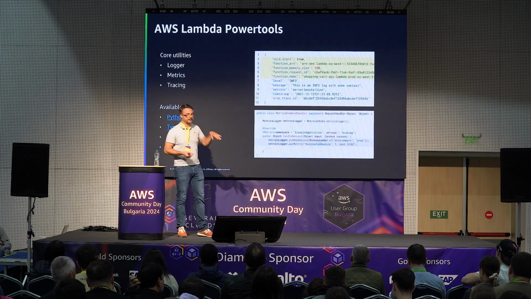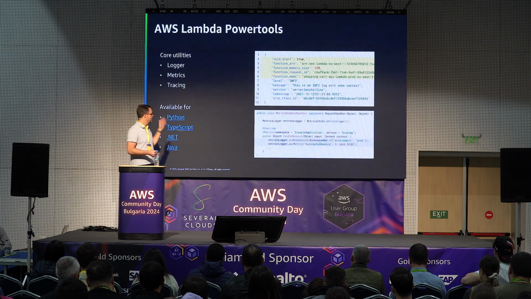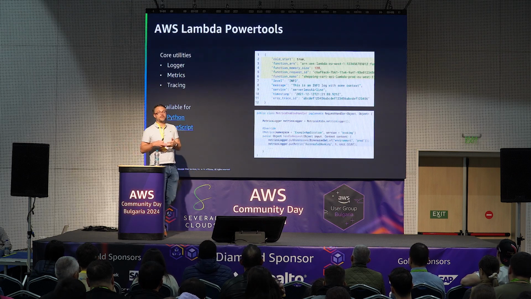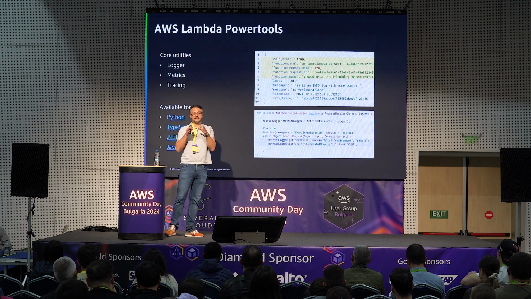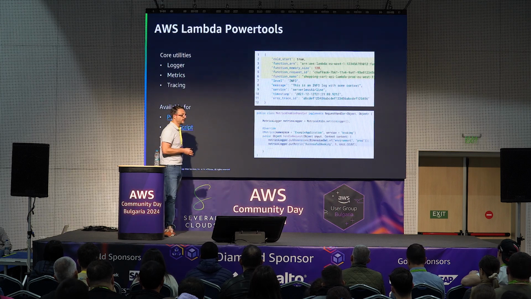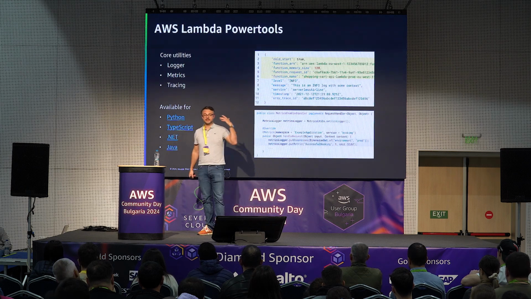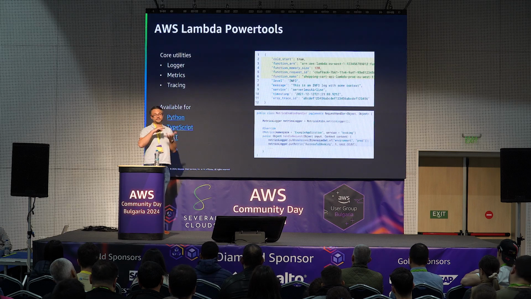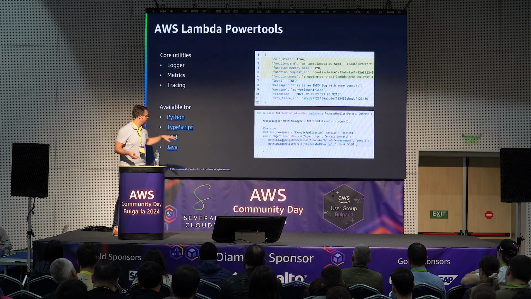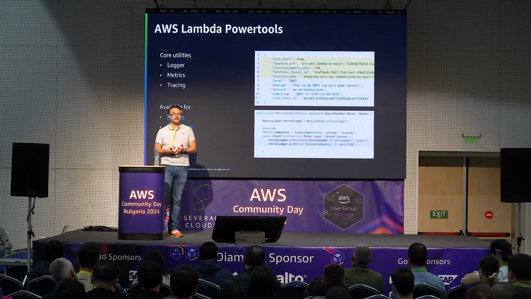And it also integrates with X-Ray, so you can produce traces, and there's even more functionality. So these three utilities are the basics, and they are supported by all the runtimes, although there are additional things depending on the language. For Python, there are more things because I think the team started with Python, but then they added other runtimes.